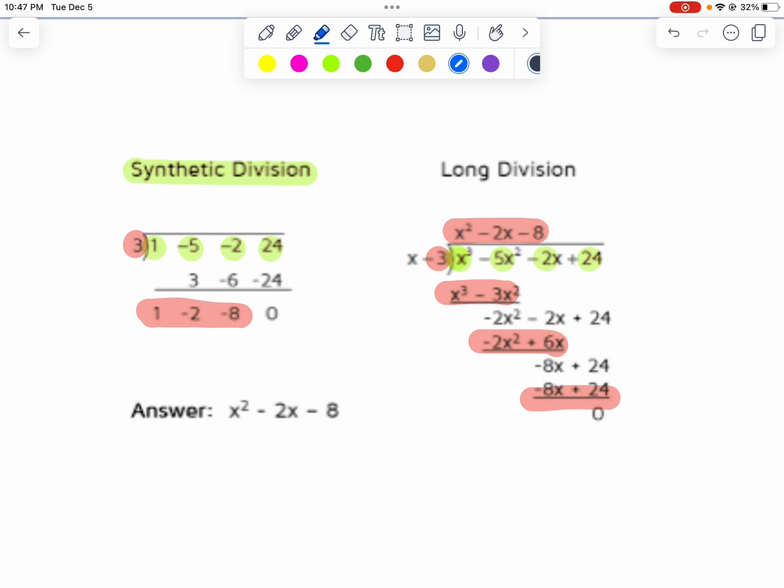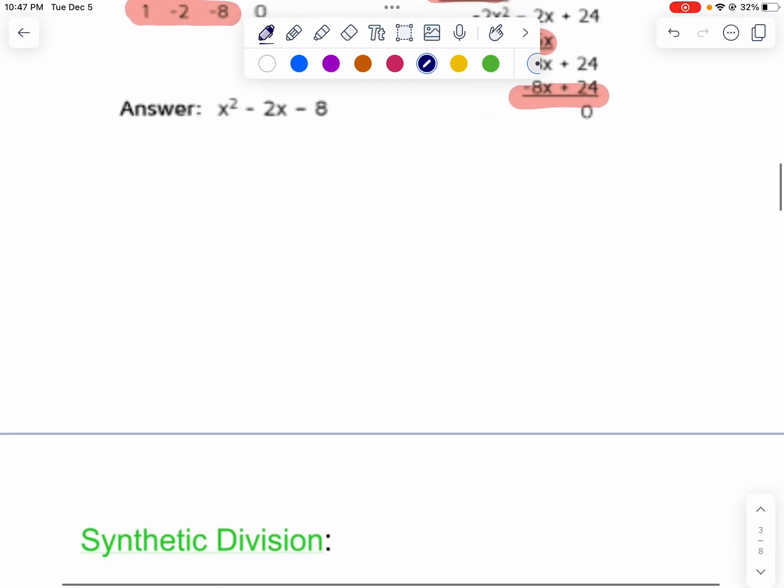Now keep in mind, we can only use synthetic division on divisors of the form x plus or minus some constant. So it could be x plus 3, x minus 5, but it's going to be x minus or plus some sort of constant. And typically that constant is going to be an integer, although it does not have to.